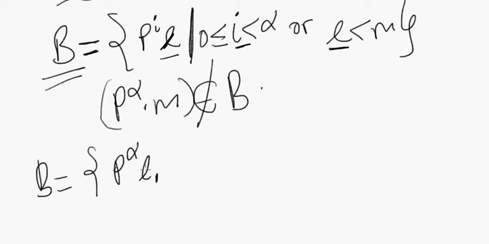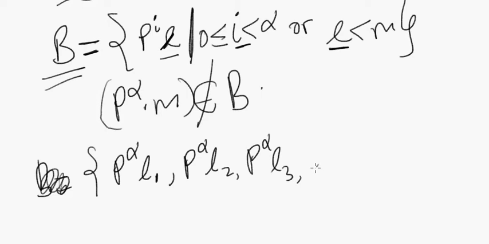No, aren't we saying that the elements p to the alpha times L1, where L1 is some divisor of m, p to the alpha times L2, p to the alpha times L3, all the way up to p to the alpha times LD, where D is the number of divisors of m.